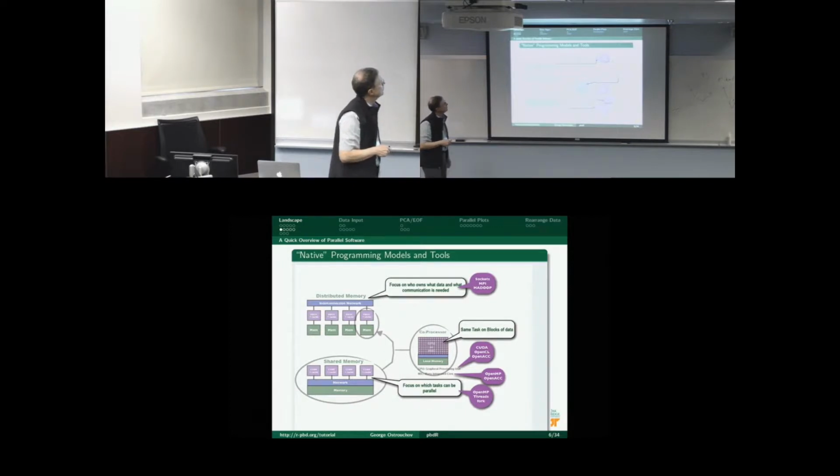Now some of the programming tools that are on each of the hardware. Some things are native. In some sense, you can do anything on any one of those, but if it's not the native thing, it's a little bit less efficient. So on a distributed memory machine, because you cannot access everybody's memory directly, you have to focus on who owns what part of your data and what communication is needed.